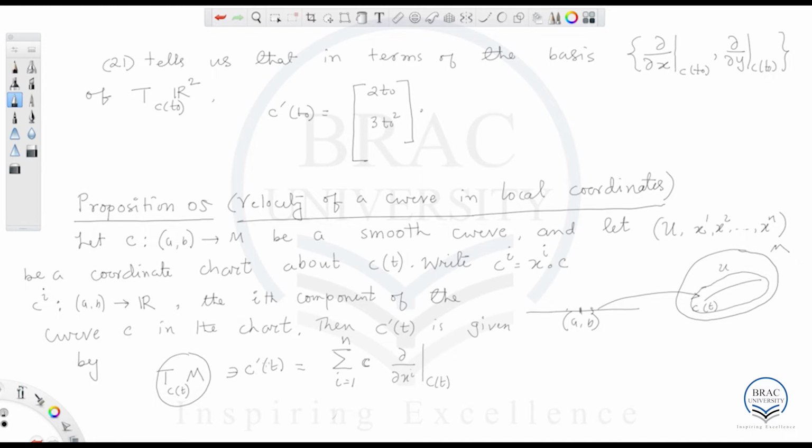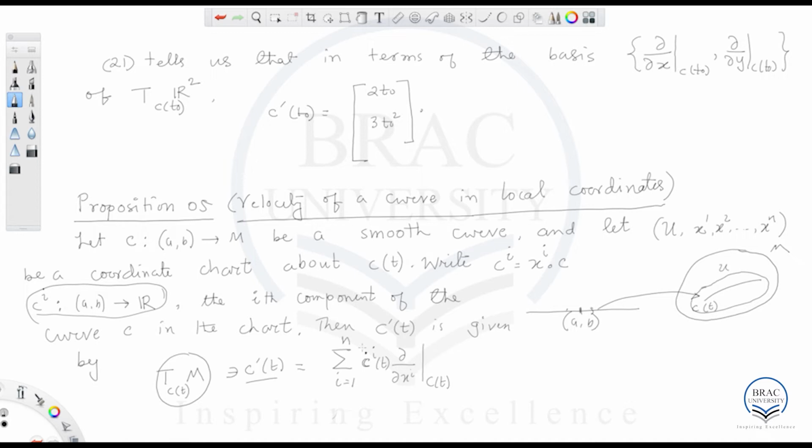So it's the basis expansion of this tangent vector in this tangent space, and the coefficients of this linear combination are c dot i of t, okay, where each ci is a real valued function. So this ci dot is the usual calculus derivative, okay.